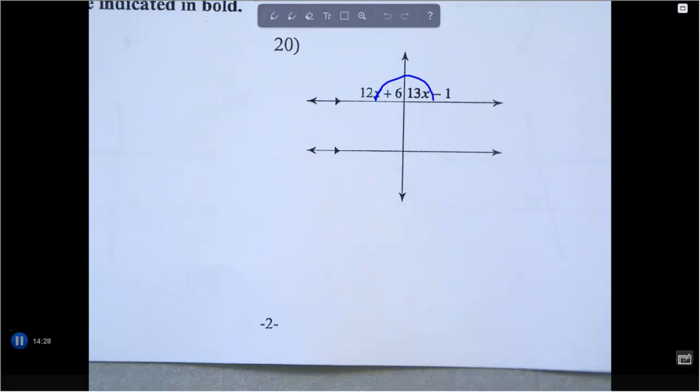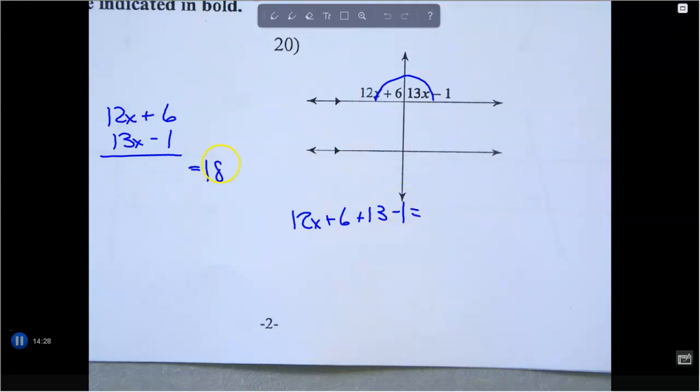So if these add up to 180, I'm going to add them up. Whether you do it this way or horizontally, I don't care. After I add them up, what am I going to set them equal to? 180. So solve for x.